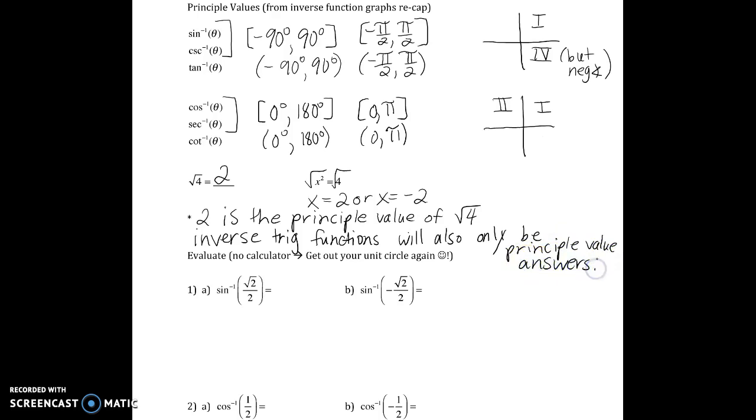And we will get into solving equations after this, where you will get multiple answers, just like we did with this second one here.